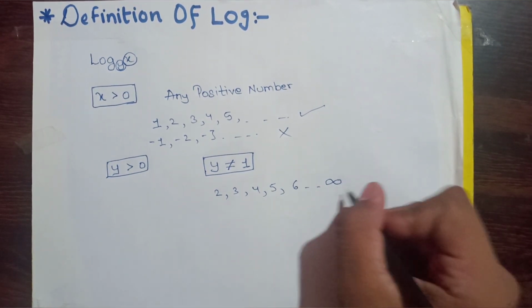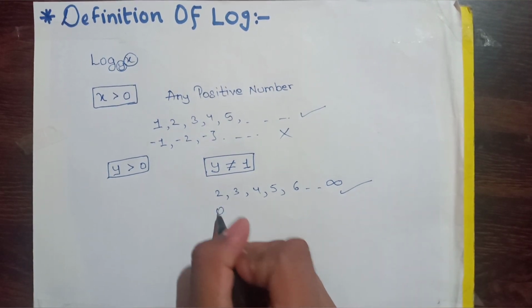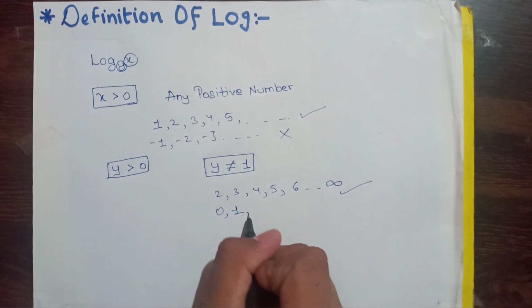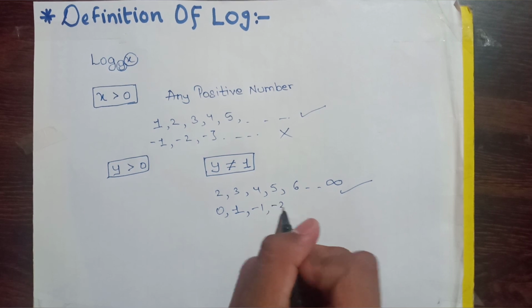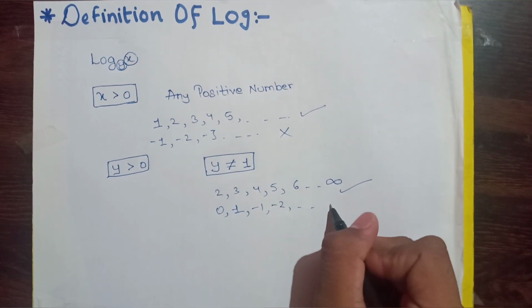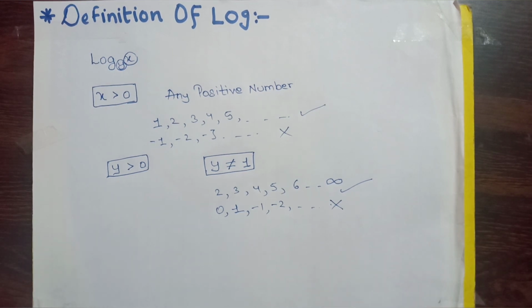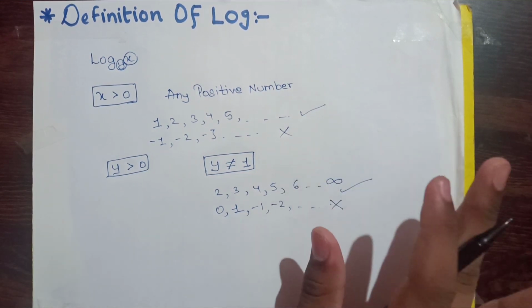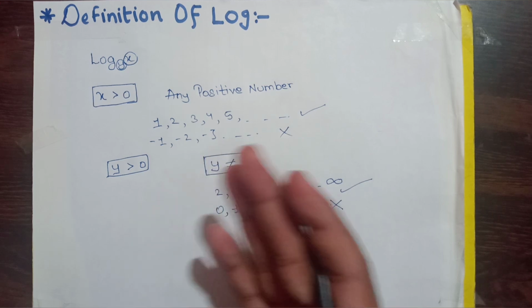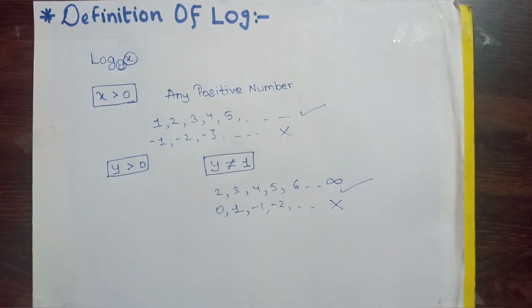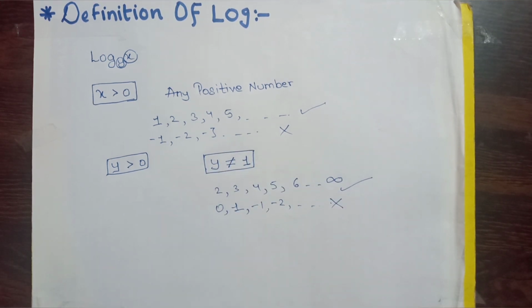But it can't be 0, 1 or -1, -2. These are the conditions which should be followed while classifying between logarithms and non-logarithms. Now I would like to speak a few points about it.